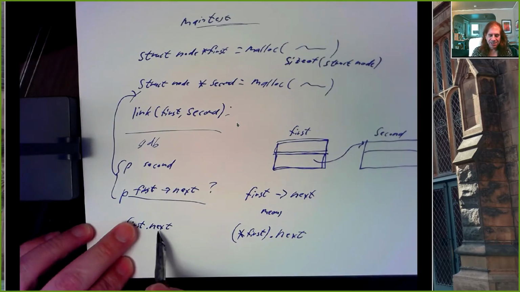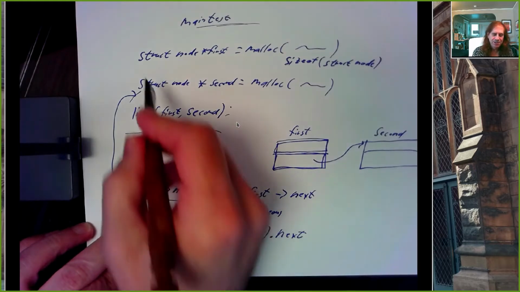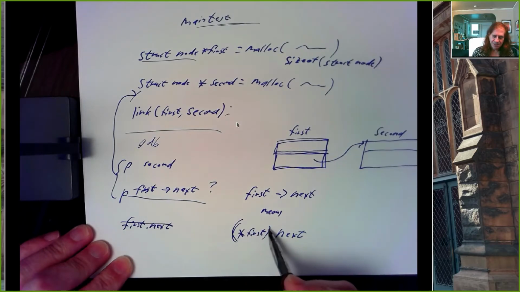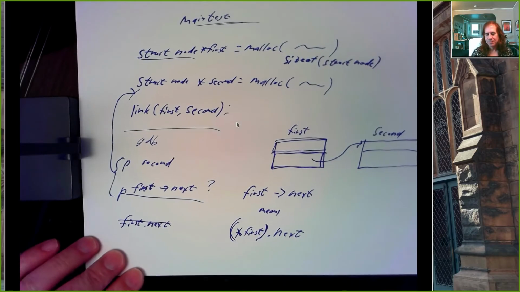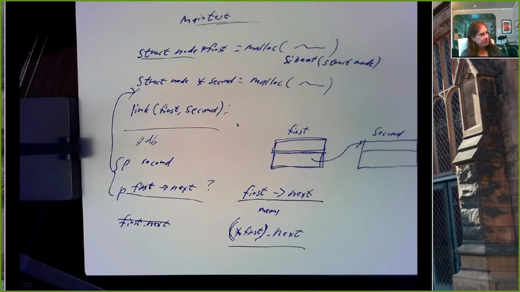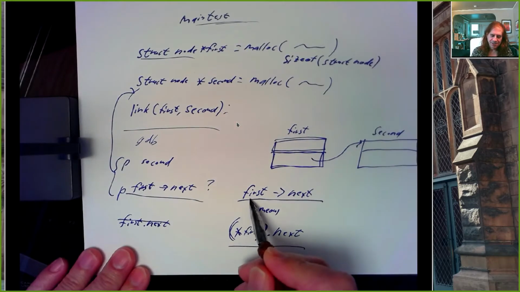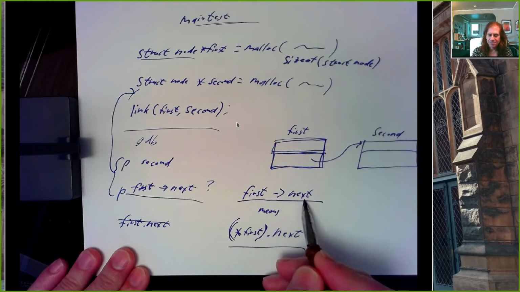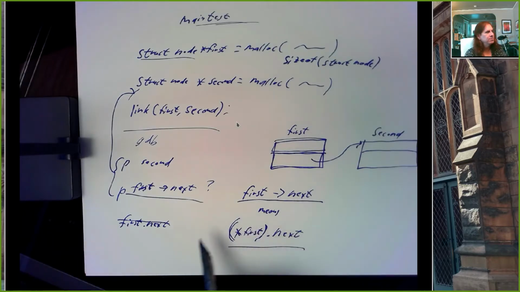To use this dot next notation, the thing that comes before it has to be a struct node. And so how do I find a struct node? I say star first. And then this is just a shorthand, neater way of writing that. But it means that. So I read this as, first is a pointer, take the thing it points to, and give me the next field. Does that make sense? Yes, it does. Okay, cool.